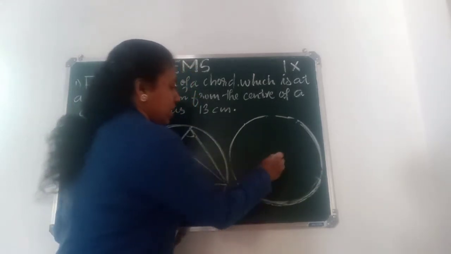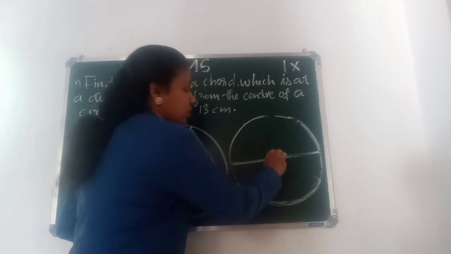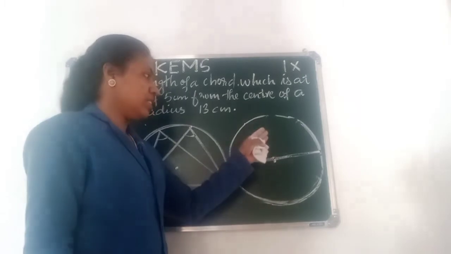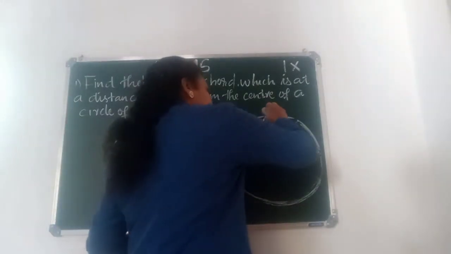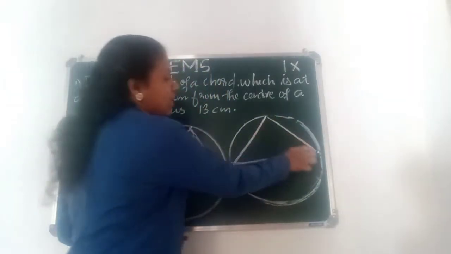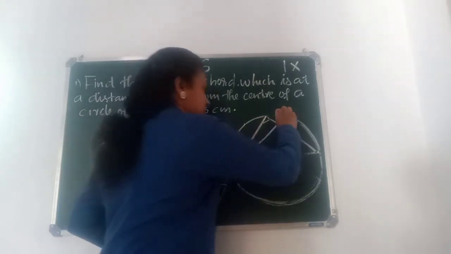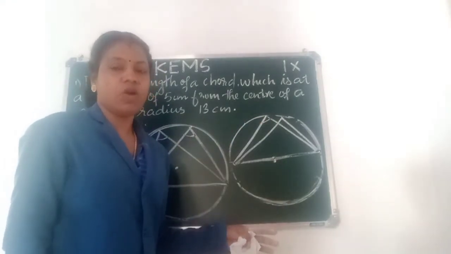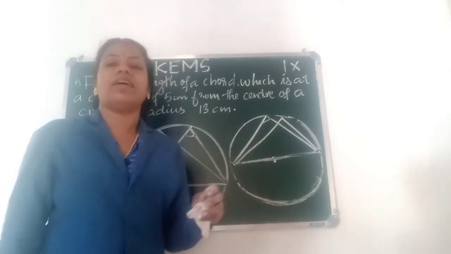So this is a semicircle, and every angle in this semicircle is 90 degrees. So this angle is 90 degrees, also this. All angles in a semicircle are 90 degrees.